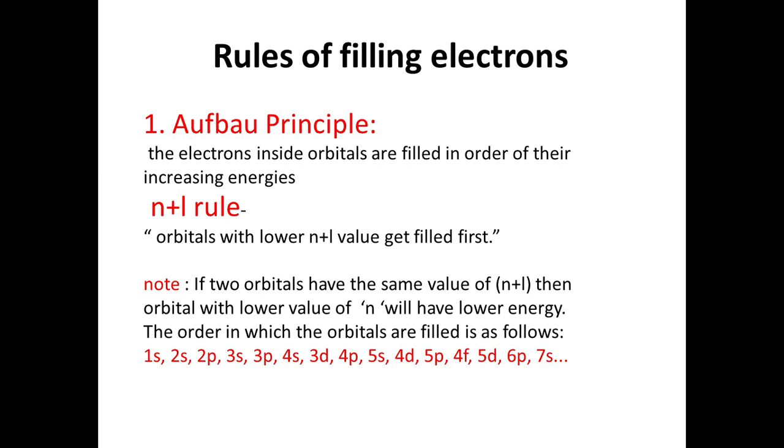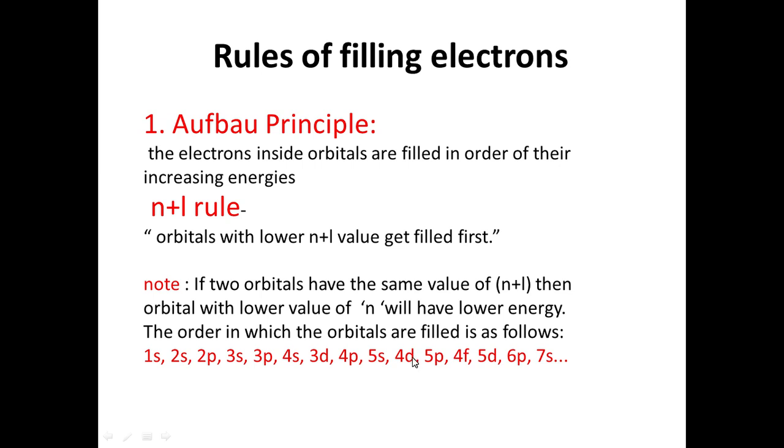I can explain this rule by taking an example of these orbitals. Suppose we take a pair of orbitals, for example 4d and 5p. If you see the 4d orbital, the n value for 4d is 4, while the l value for d is 2, as I already told you in the previous lecture.